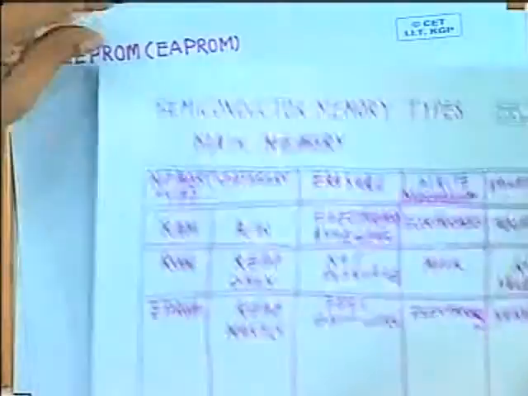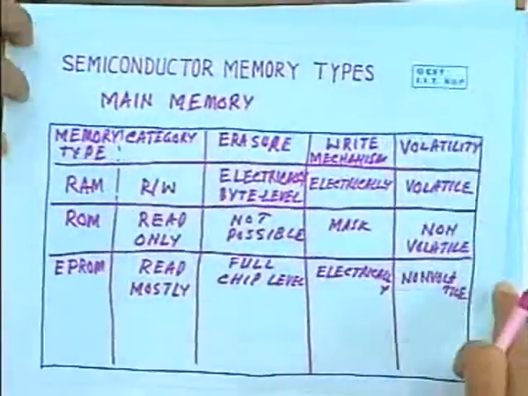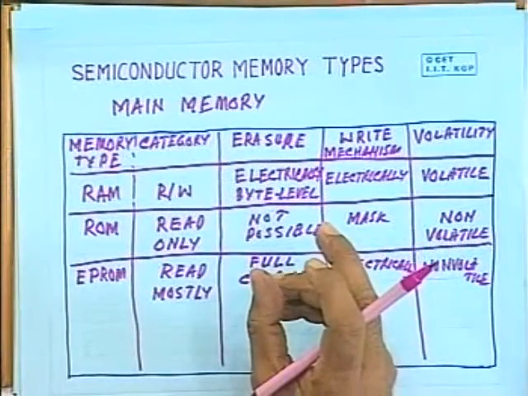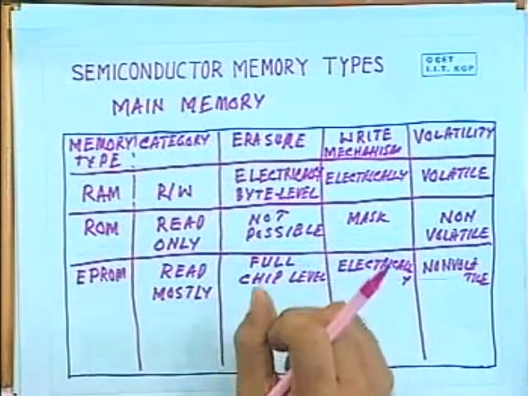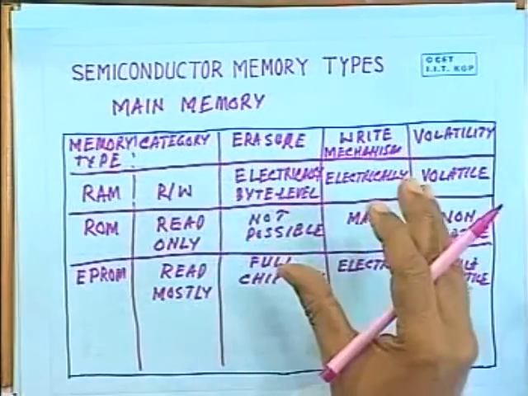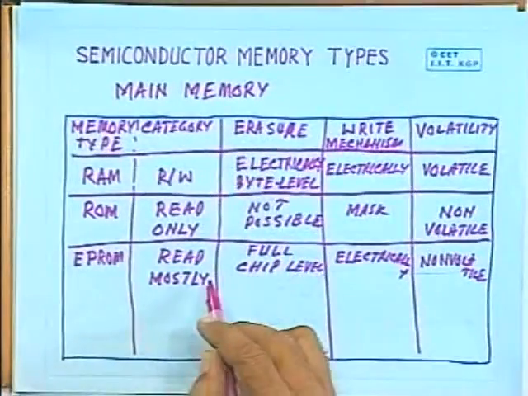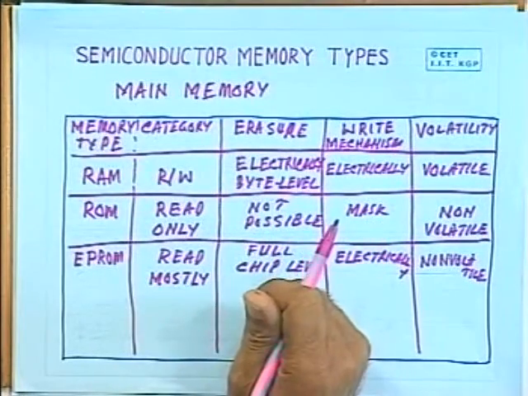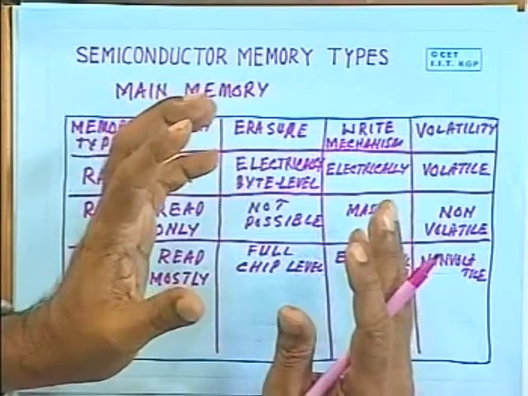Obviously, for erasing purpose, you have to take out the EPROM chip from the system, and then the erasing can be done. So this is not a very good idea. You have to take out the chip from the system, then put it in ultraviolet light, then you can do the erasing.